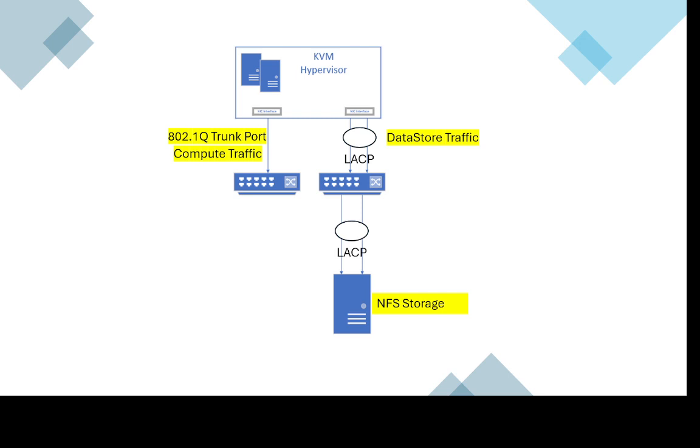In our simulation, we'll simply use 1 gig interfaces for both and port bond each of the interfaces on the storage server and on the hypervisor that is connecting to the NFS storage, to present data store traffic to basically our VMs.